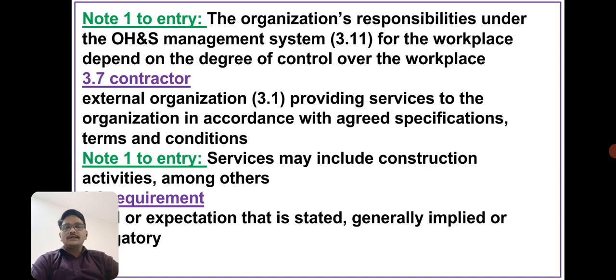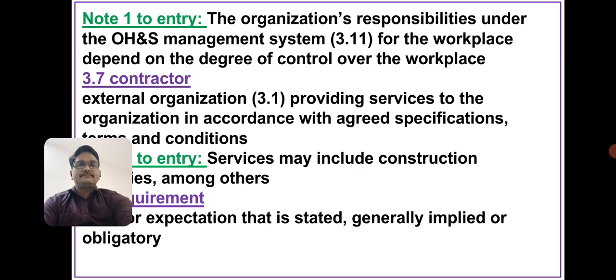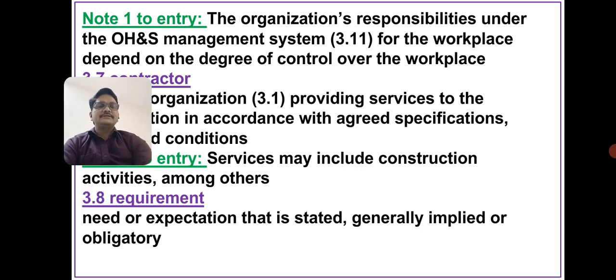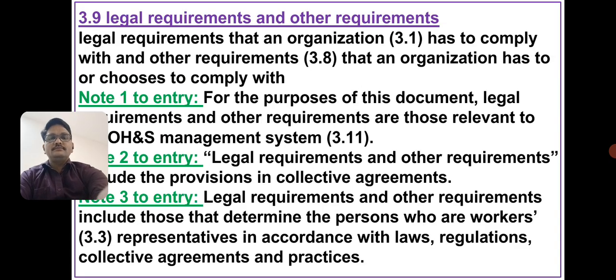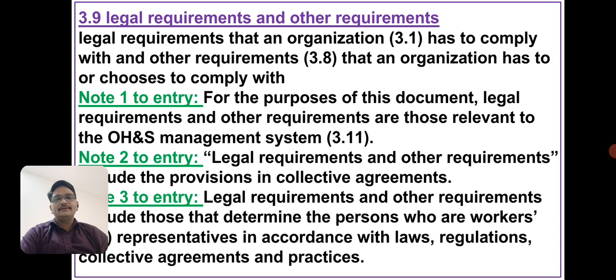Contractor: an external organization providing services to the organization in accordance with agreed specifications, terms and conditions. That is a contractor. Next is requirement. A requirement is a need or expectation that is stated, generally implied or obligatory. Next is legal requirement and other requirement.